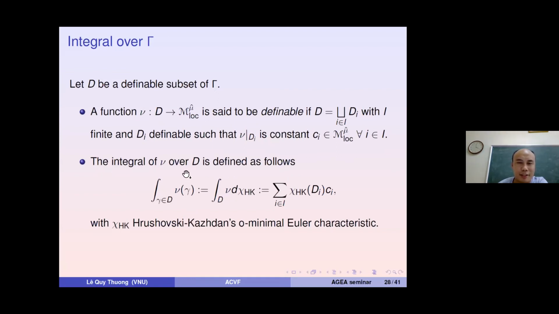In that case we can define the integral over D, and its value lives in the ring of varieties. As a definition, this is the Hrushovski-Kazhdan Euler characteristic.